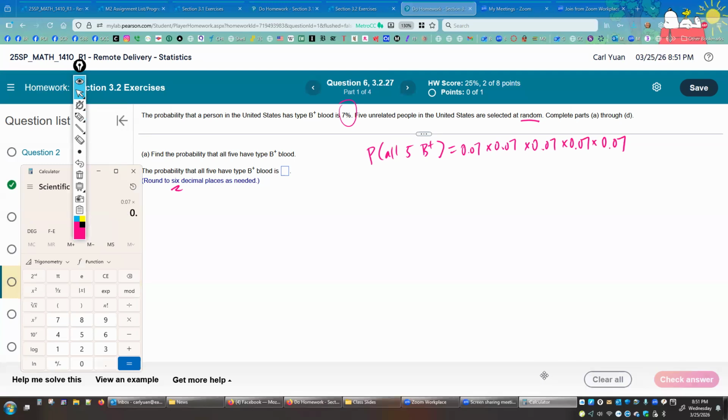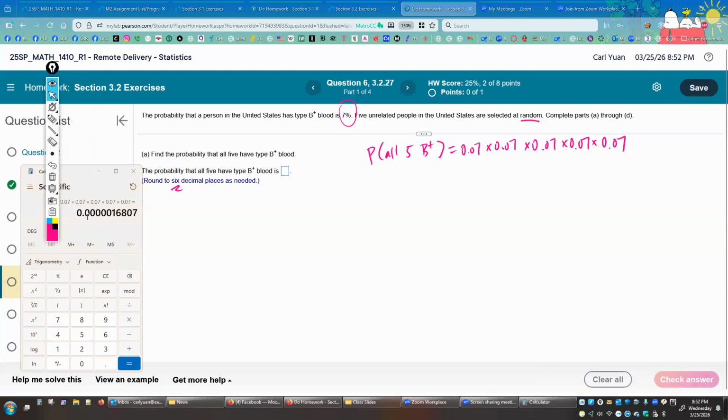I'm looking at 0.0000016807. So if I'm going to get 6 decimal places, it's going to be 0.000002.